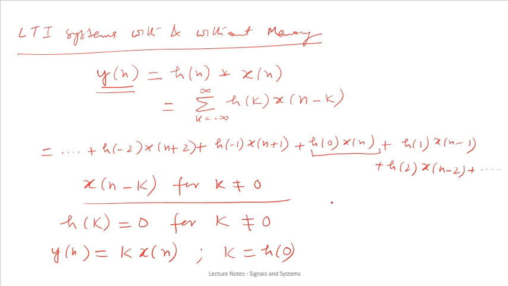So I can write down here that a continuous time LTI system is memoryless if h(t) equals 0 for t not equal to 0. Such a system will have the form of output y(t) equals k times x(t), where k is the same as h(0).